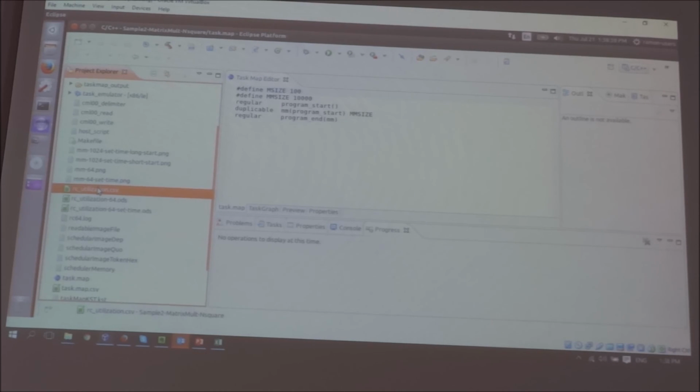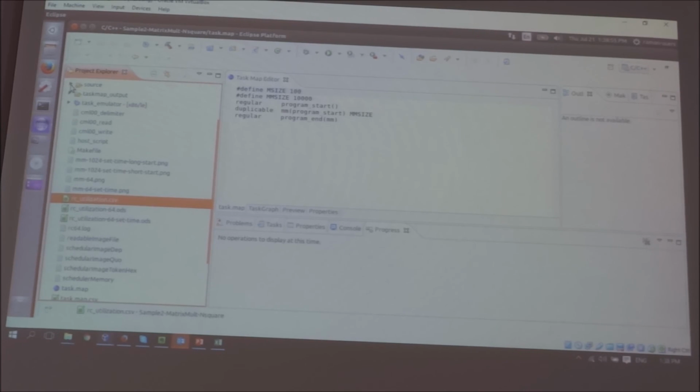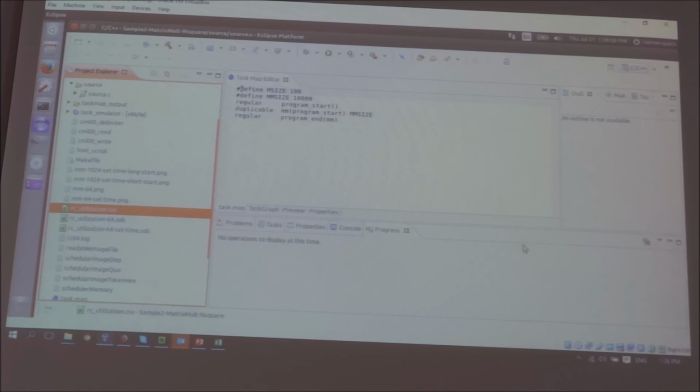There is a function called to set the quota of a task. But for simplicity, we skip it here, and let's look at the code, just to make sure that the code is as simple as I was saying. Of course it's not.